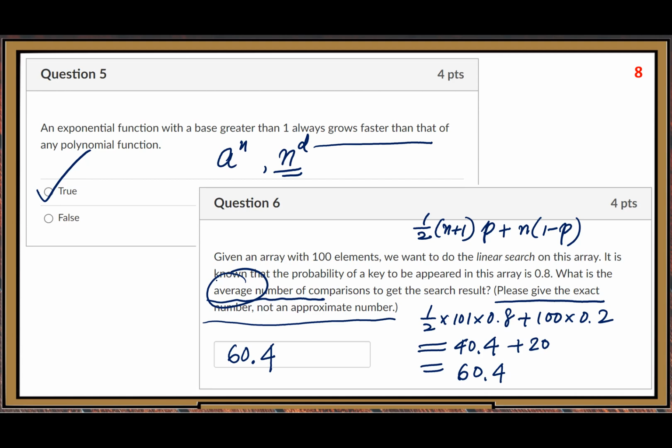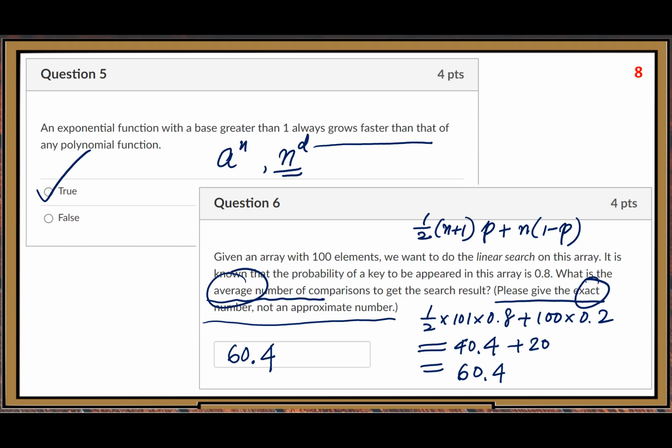If I say something, you can keep the precision to a certain digit. If I do not say anything, and here I emphasize exact number, you should not drop that 0.4.